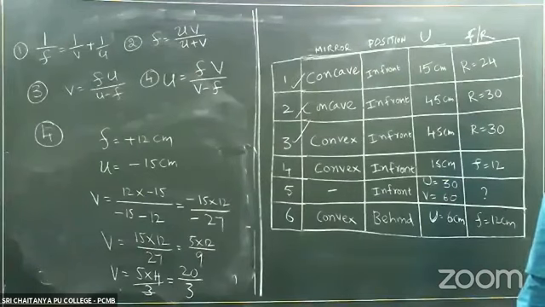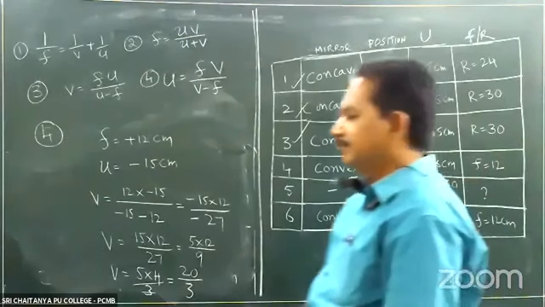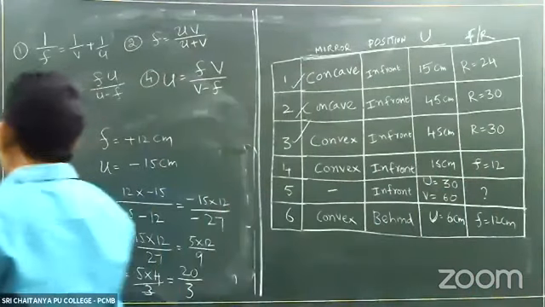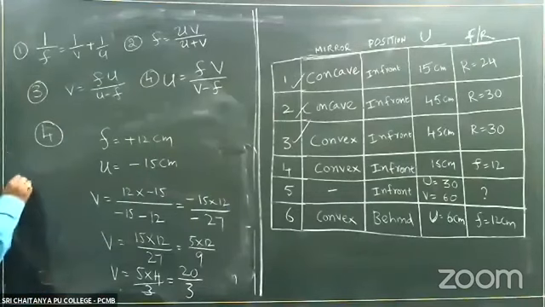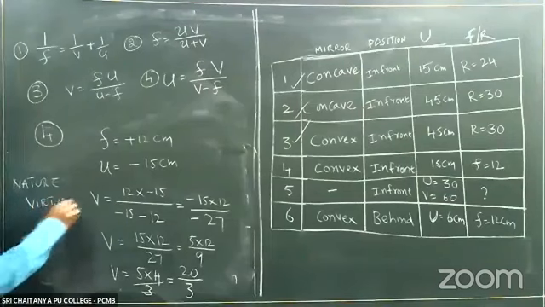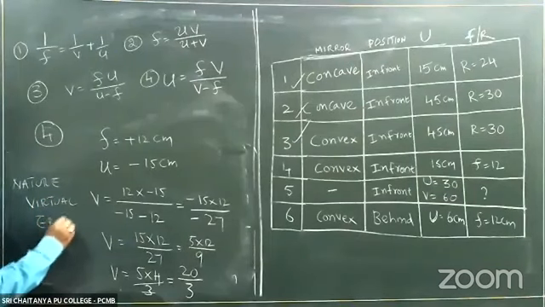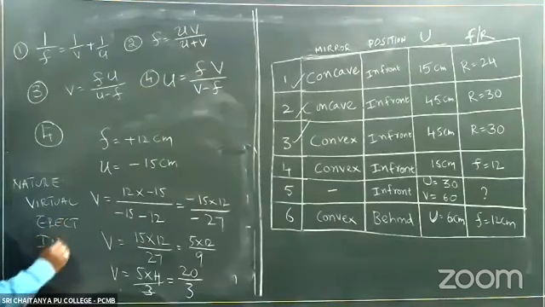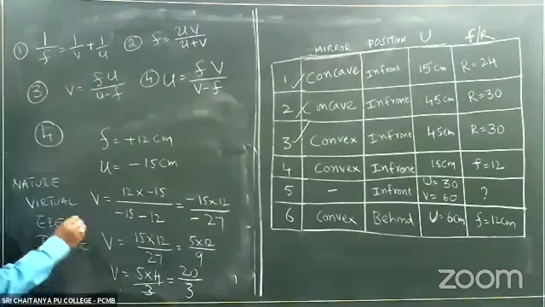Whether V is positive or negative? Positive. Positive means where will it form? In front of P. Therefore, nature of the image: virtual, erect image.